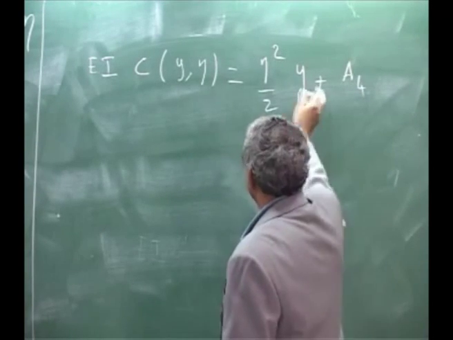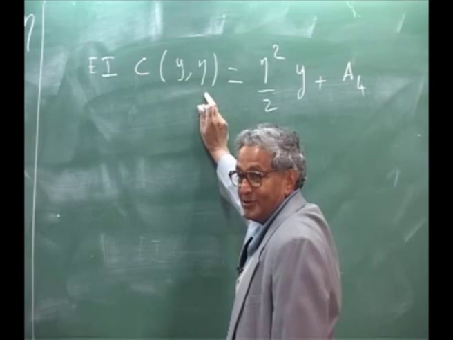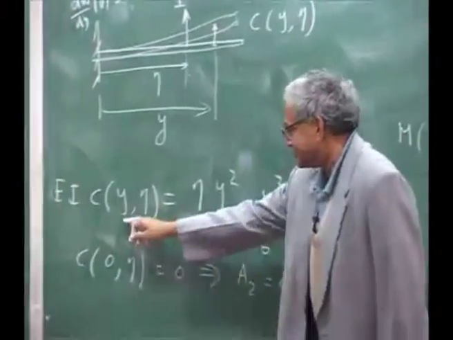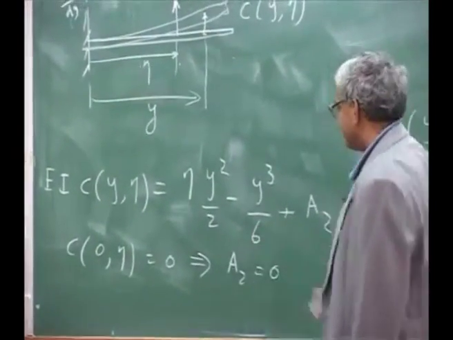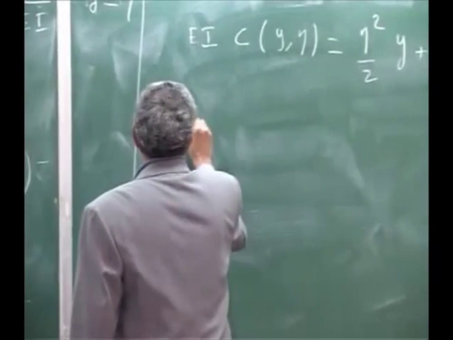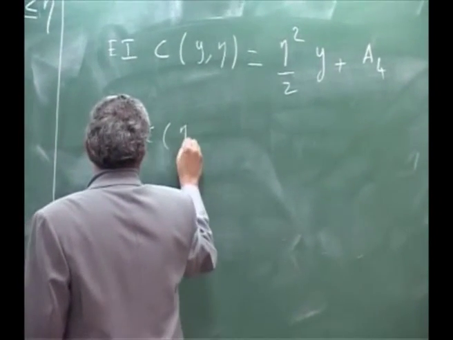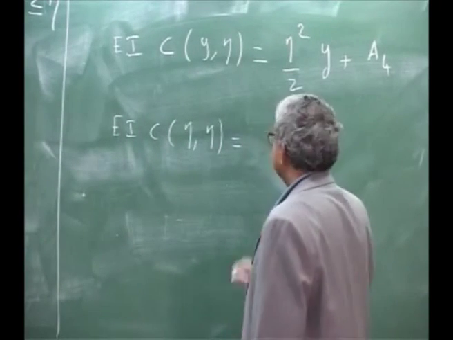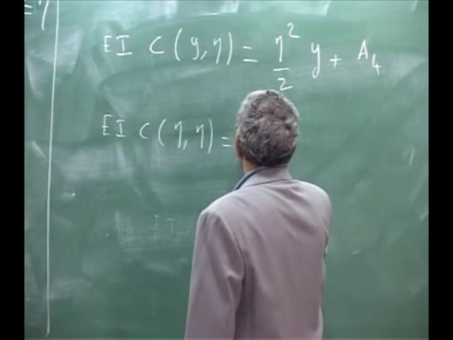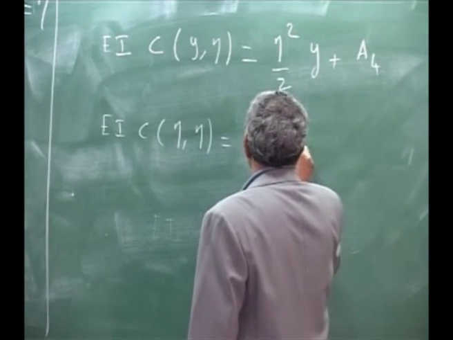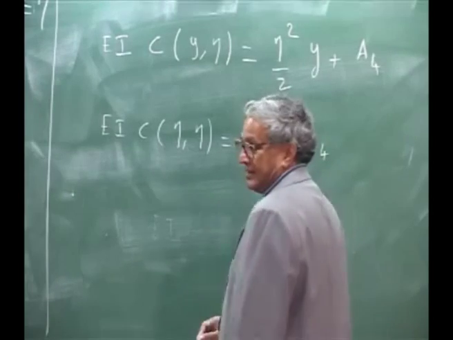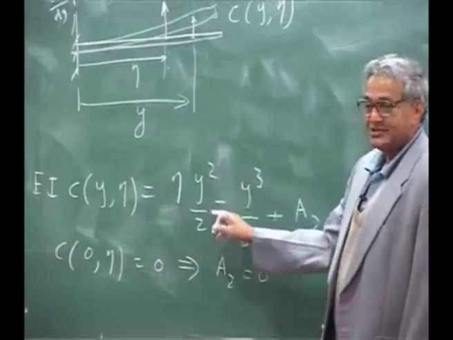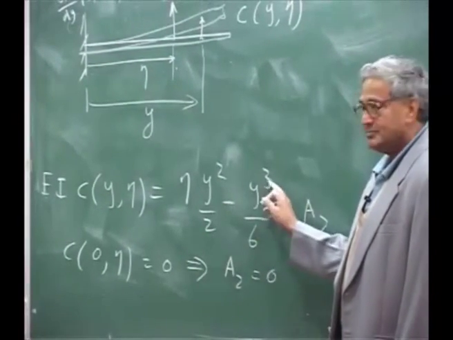Now again you have to put y equal to eta. When you put y equal to eta, that is EI C eta eta becomes eta cube by 2 plus A4. From this expression, when you put y equal to eta, this will be eta cube by 2, 6.